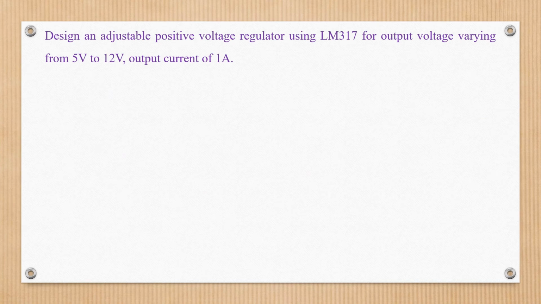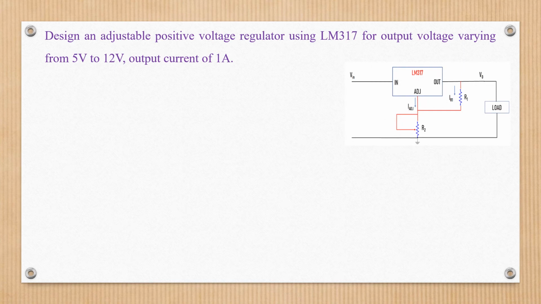Design an adjustable positive voltage regulator using LM317 for the output voltage varying from 5 volt to 12 volt, output current of 1 ampere. Here they have given output current of 1 ampere, and the other details they have not mentioned. The first thing we will do here is draw the circuit diagram or the connection diagram of LM317.